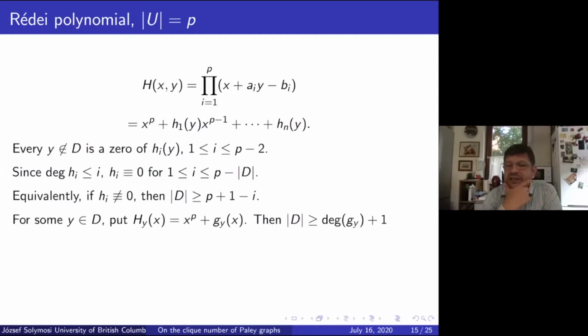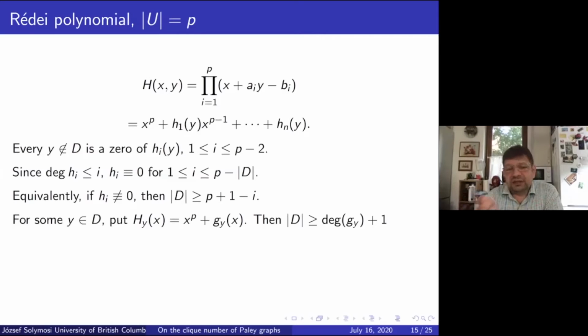And if you see this form in the second row, that it's x to the p times h1 times y. So if you have an hi here, for every y which is not a direction, which your set didn't determine, this polynomial will be 0. And if a degree d polynomial is 0 in more than d points, then this is everywhere 0, right?